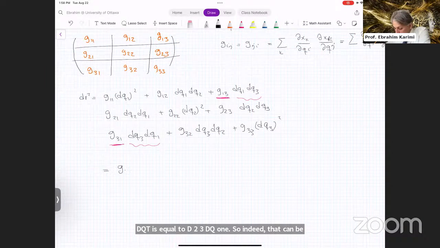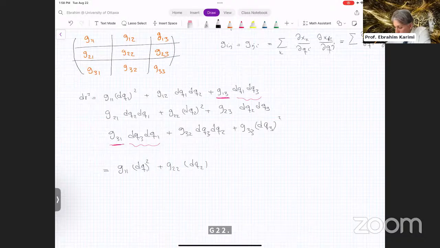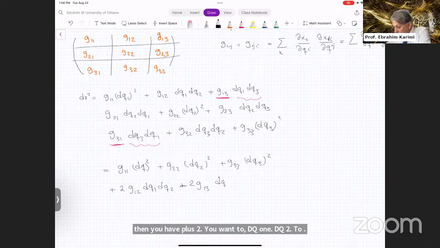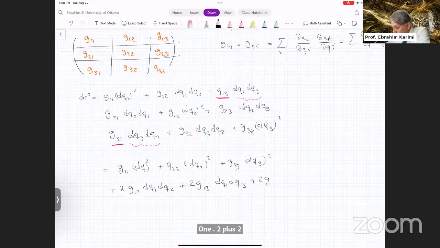You can write it in this way: G11 dq1 squared, G22 dq2 squared, G33 dq3 squared, and then plus 2 G12 dq1 dq2, plus 2 G13 dq1 dq3, plus 2 G23 dq2 dq3.